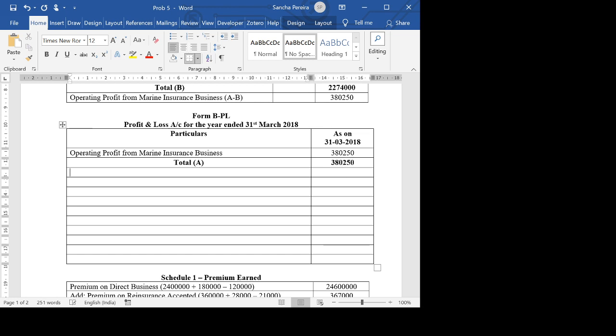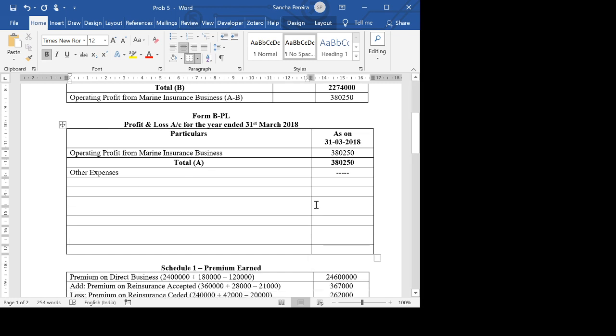Next, we would normally have any other expenses. Why I'm writing this is just to stick to the format. We don't have anything here, so I'm going to call this total of B. Total of B again is nil.